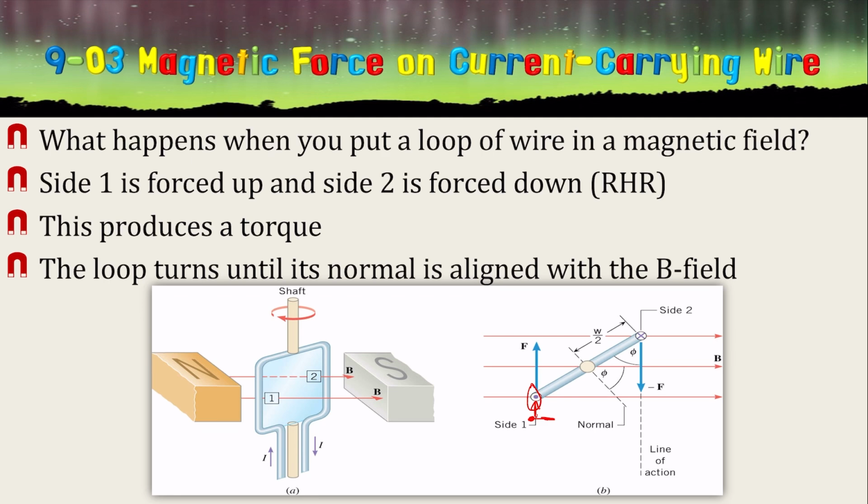So it'll turn until its normal, which is perpendicular to the face, is aligned with the magnetic field. So it'll end up looking like this, where here's side 1 and there's side 2.